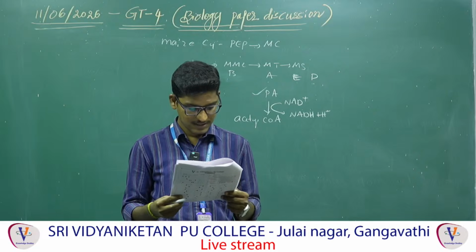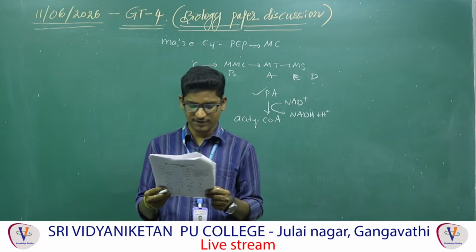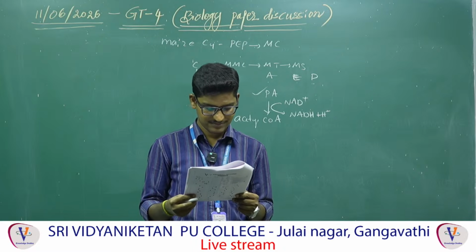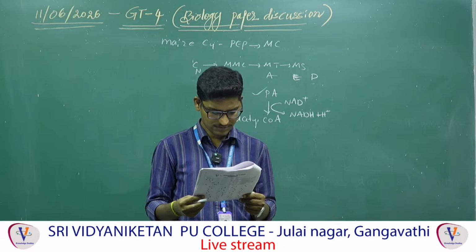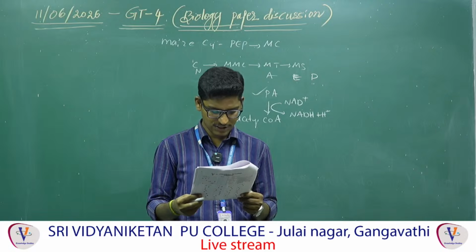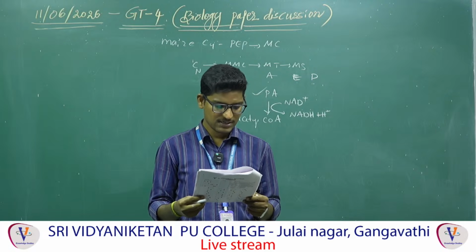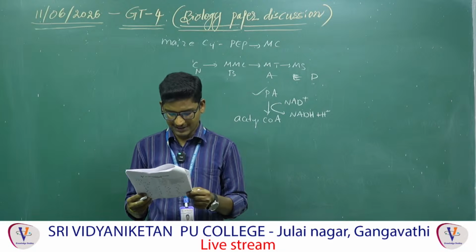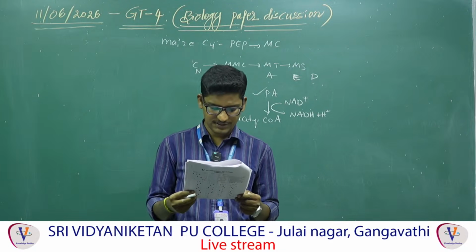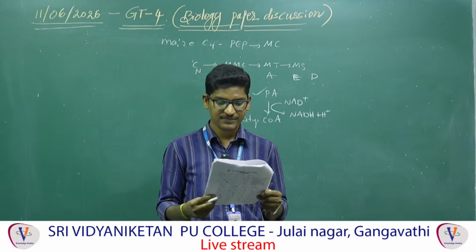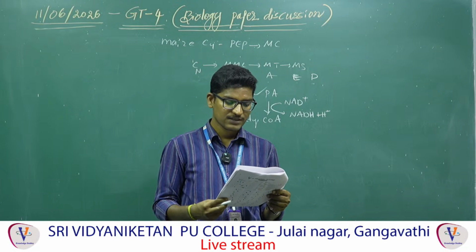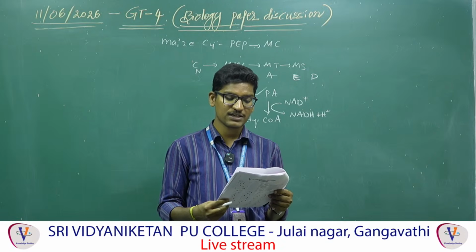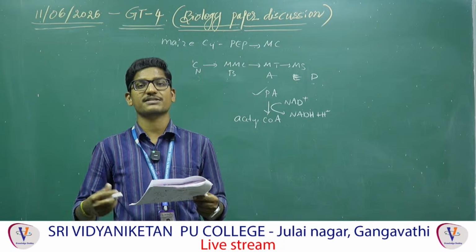Third option. Next, 172, RNA found in all the following structures except ribosomes? No. RNA found in all the following structures except vacuole. So 172, answer is 3. It is not found in the vacuole. 173, alpha-1 antitrypsin used in the treatment of emphysema. 174, genetic code nature: human insulin gene is expressed in bacteria.